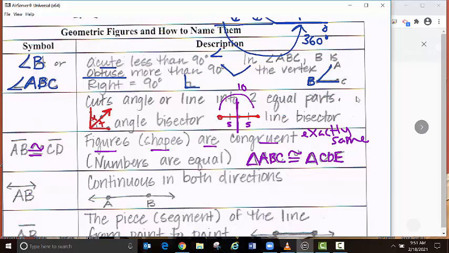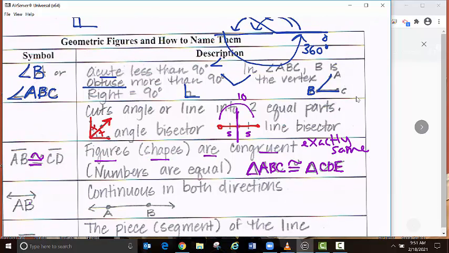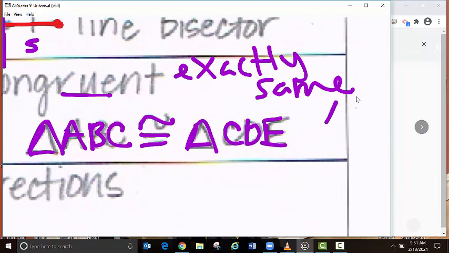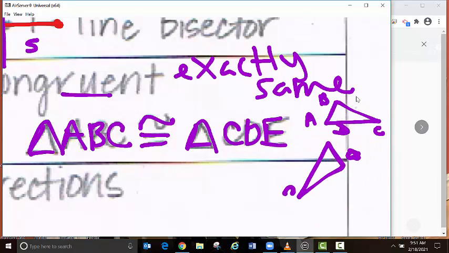Okay, if you're talking about a triangle, then if you drew it, this might be A, B, C. This one would be C, D, E.